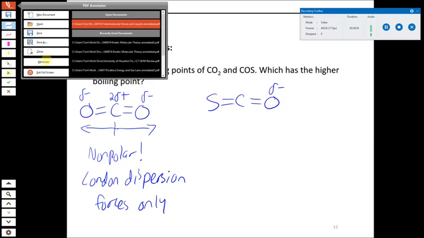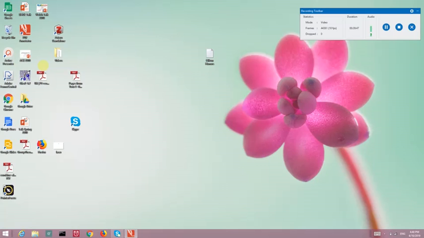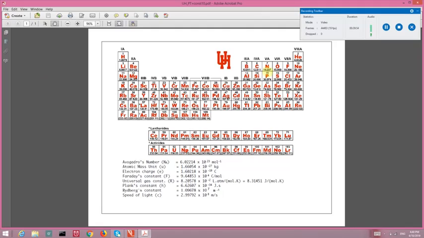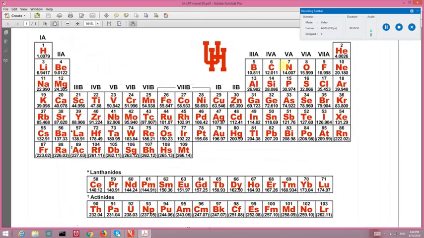So if we go to the periodic table, we're talking about a carbon-oxygen and a carbon-sulfur bond. Carbon-oxygen is clearly polar, as we said, because oxygen is to the right of carbon, so it's more electronegative. Carbon-sulfur, the sulfur is less electronegative than oxygen, so the difference between carbon and sulfur is smaller. I think sulfur is still a little bit more electronegative than carbon, but it's a very small difference.